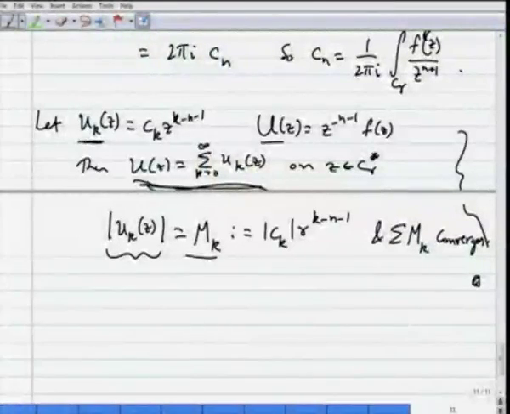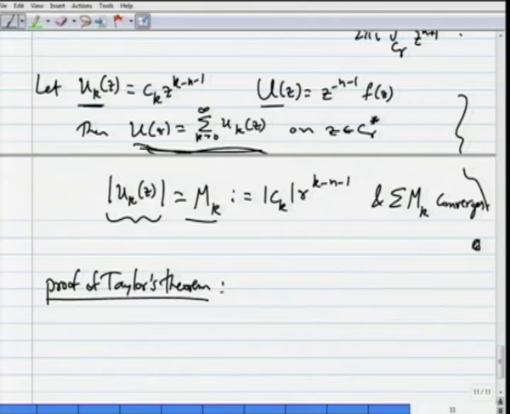So you can exchange the summation and the integration, and so you have this formula for the coefficients c n in the power series. So that completes the proof of this second lemma. And now we are ready to prove Taylor's theorem.